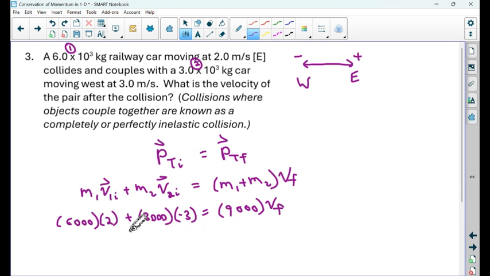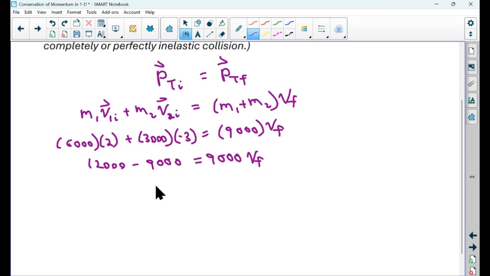Okay, let's do a little bit of work here. We're going to end up with 12,000 minus 9,000 equals 9,000 times the final velocity. 12,000 minus 9,000, we end up with 3,000. Divide that by 9,000, and we end up with a final velocity of a third, which we could write as 0.33333.